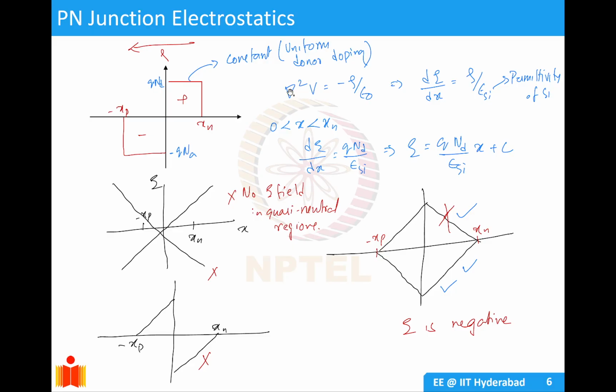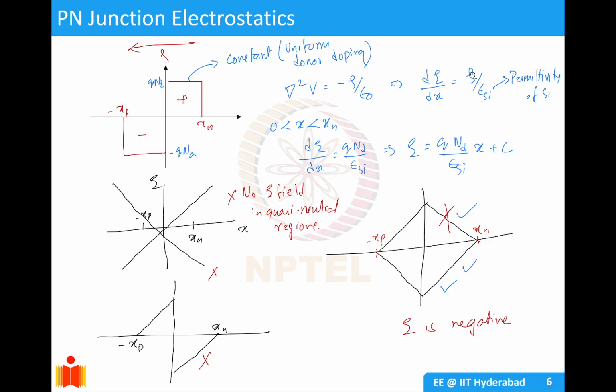So the electrostatic equation is given as Laplacian V equals minus rho by epsilon naught, where rho is the charges in this region, which means dE by dx equals rho by epsilon Si.